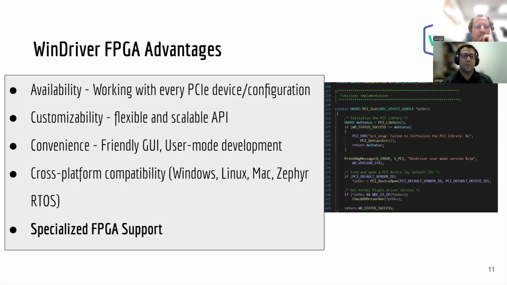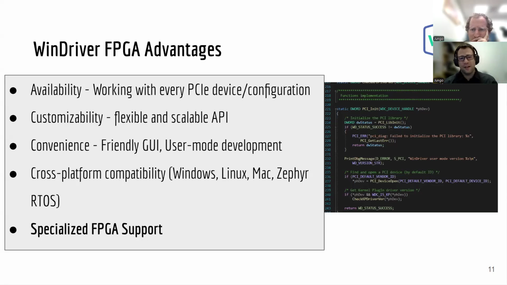Some of the things that are important to understand about the advantages of using WinDriver as opposed to trying to do things from scratch. There are several advantages. We have some of them listed here, but there are also many others. Some of the big ones are the availability of hardware. As far as WinDriver is concerned, the way we like to describe it is WinDriver is silicon agnostic. It does not care where you get your hardware from, and we don't judge you for it.